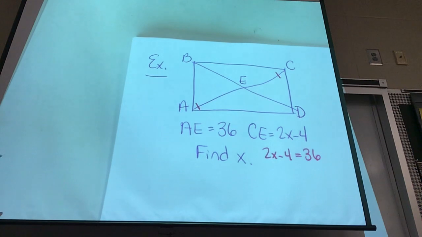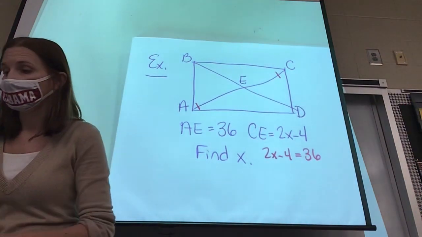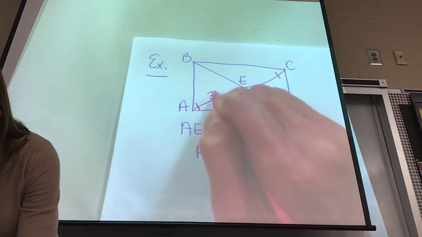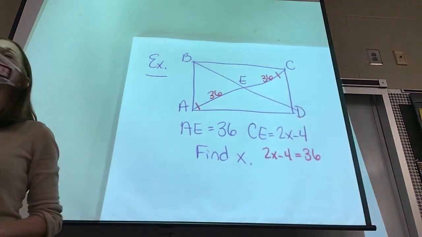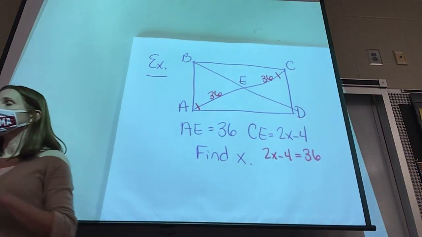So would x have to be 5, 10, 6, what would it have to be that would make that equal 36? Because we know they both equal 36, we just need to know what x equals.